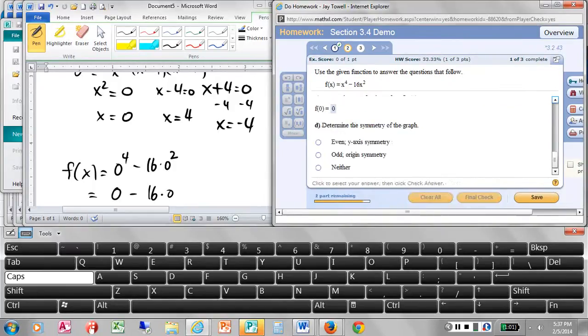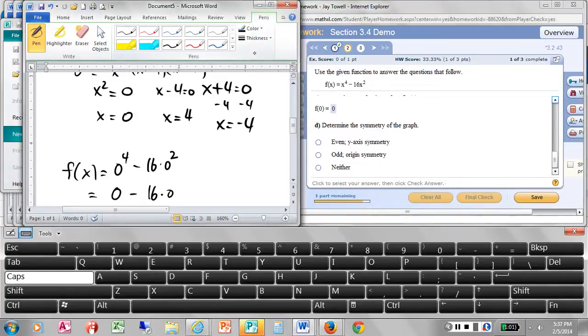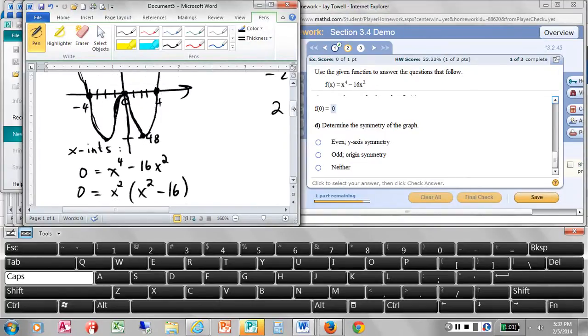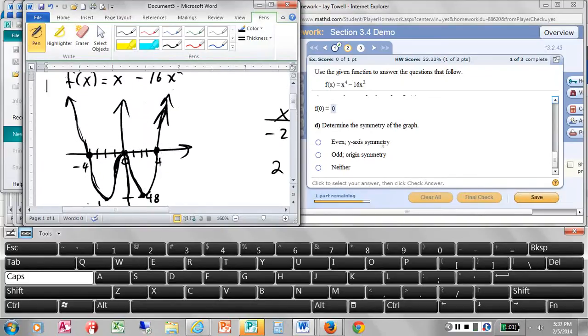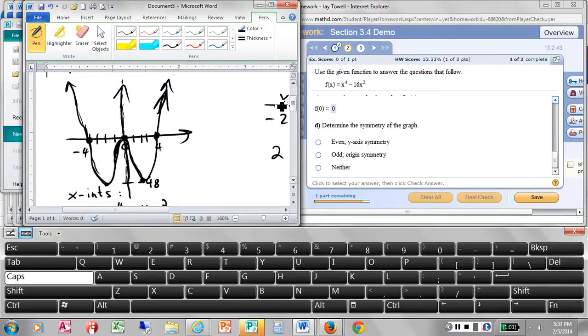All right. Determine the symmetry. Another thing I wanted to mention here. We've got a choice of even y-axis symmetry, odd origin symmetry, or neither. As far as the y-axis symmetry, if I look at this graph and think about a line right there at the y-axis, I can definitely see that one side is the mirror image.